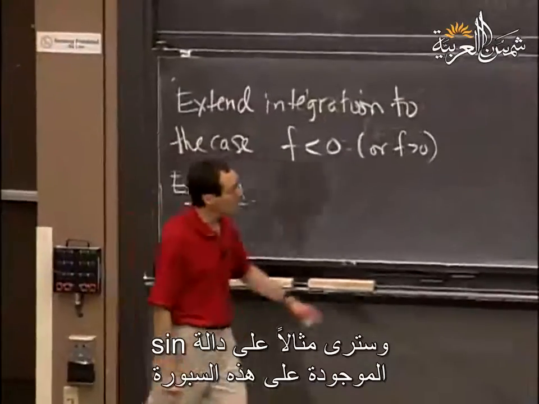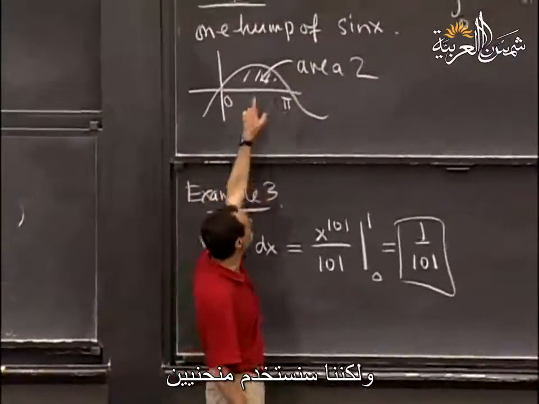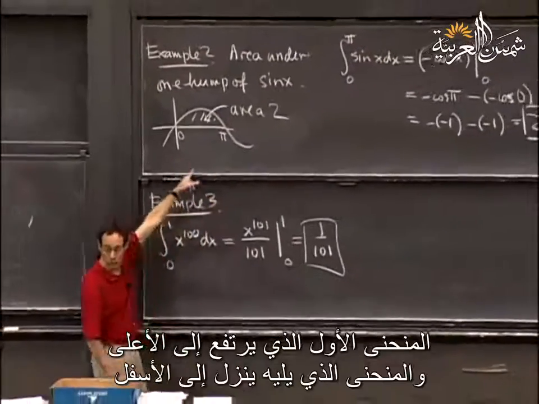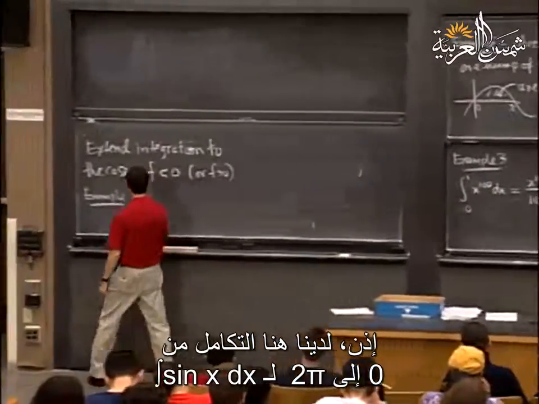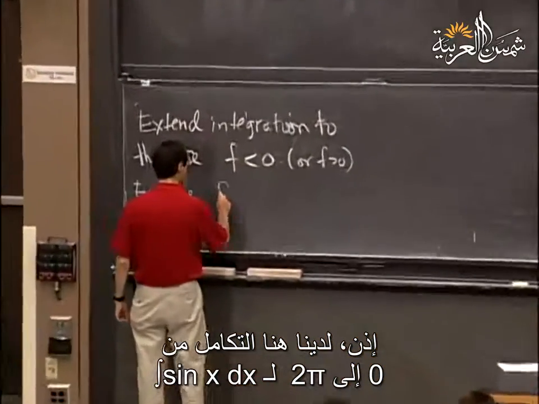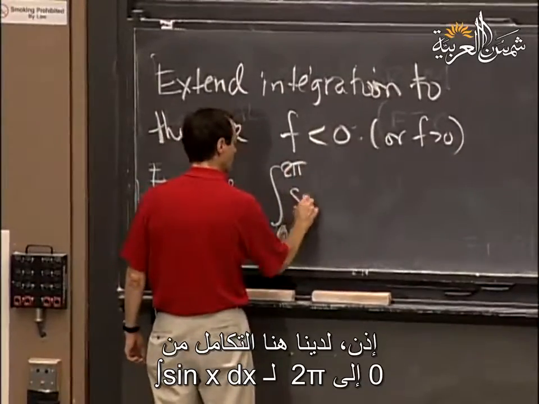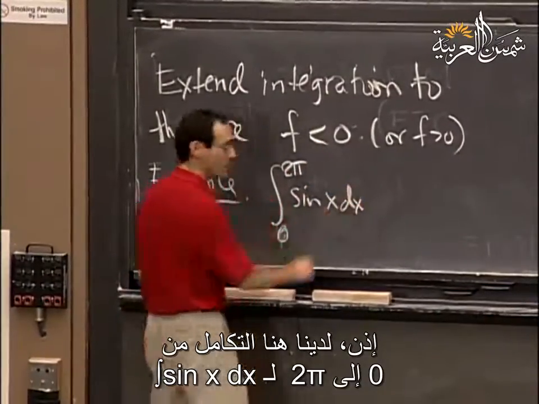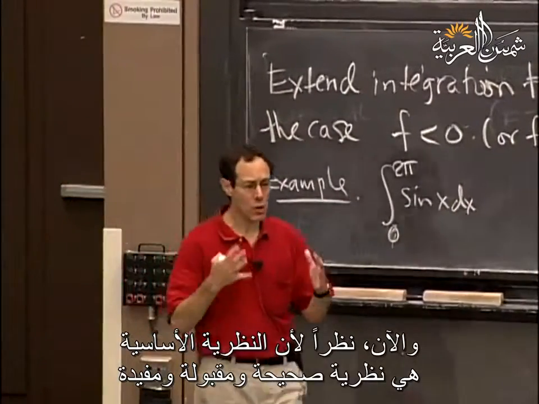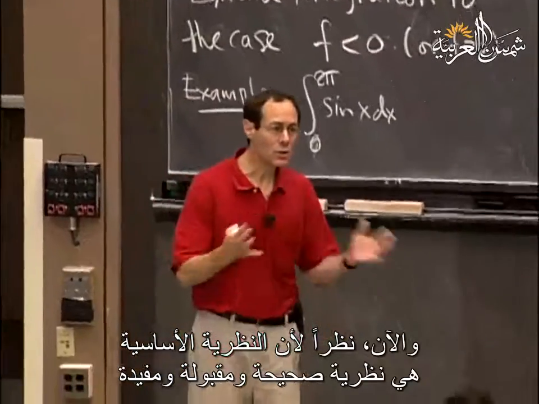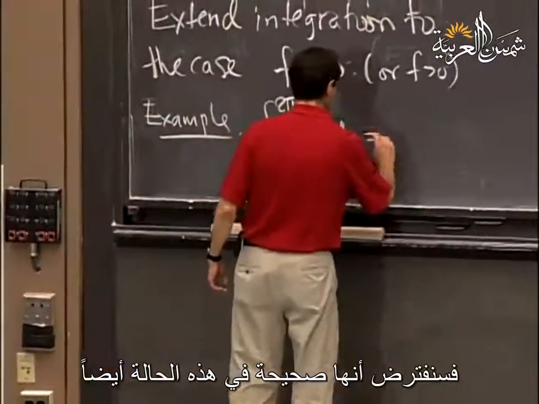I'll carry out the example on this blackboard up here of the sine function, but we're going to try two humps. We're going to try the first hump and the one that goes underneath there. So our second example here is going to be the integral from 0 to 2 pi of sine x dx. And now, because the fundamental theorem is so important and so useful and so convenient, we just assume that it be true in this case as well.